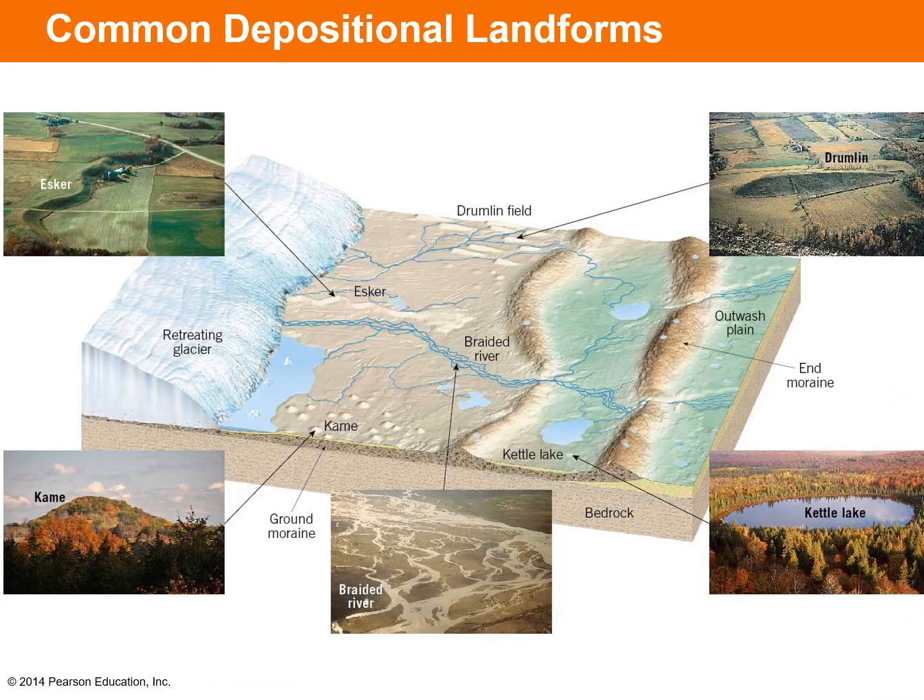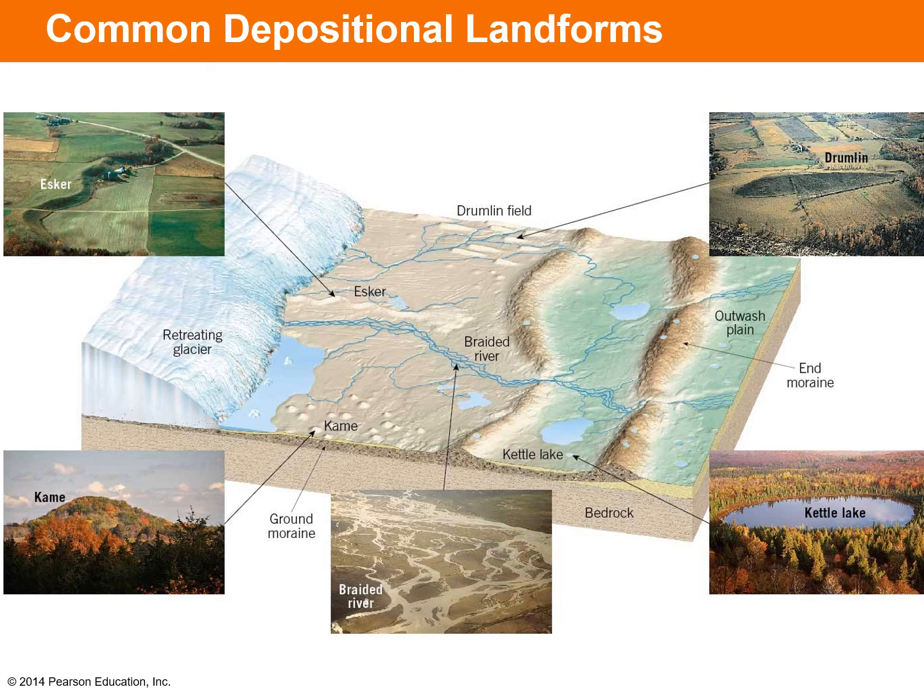So this slide shows a retreating glacier and all of the common depositional landforms that we've talked about that might be formed before or during a glacial retreat. So you can see the esker, which was again a subglacial stream flow that flowed through a tunnel beneath the glacier.